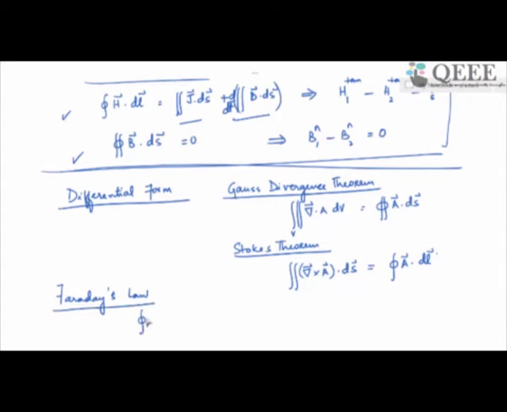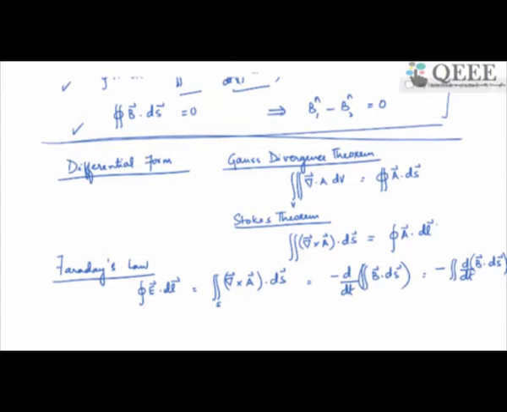I can replace that integral E dot dl as the surface integral of curl of A dot ds, and the right side is minus d by dt of the surface integral B dot ds. Now if I interchange the differentiation and integration, this would mean minus the integration of d by dt of B dot ds, which I can do without loss of any generality.